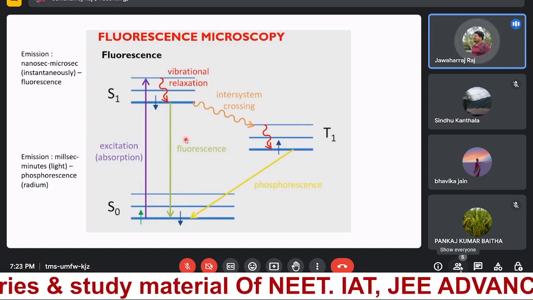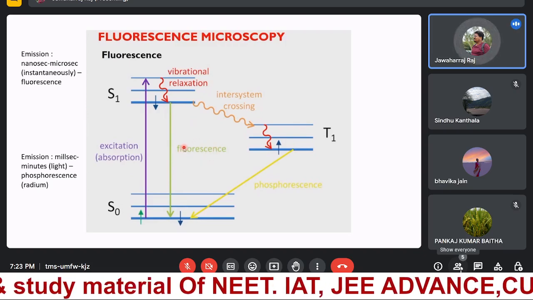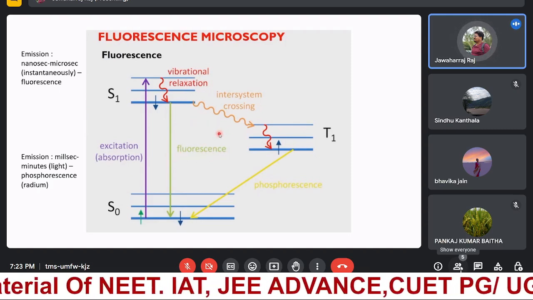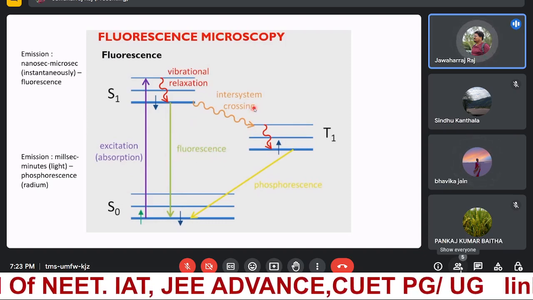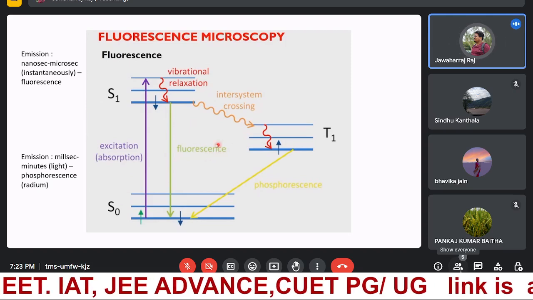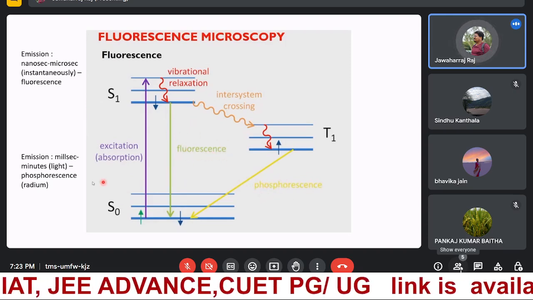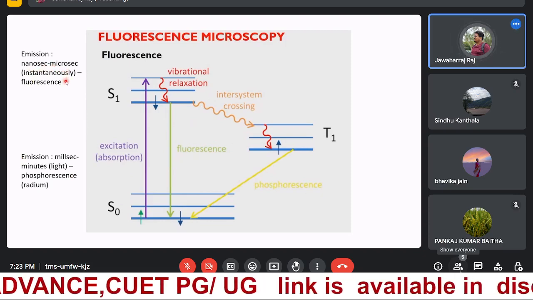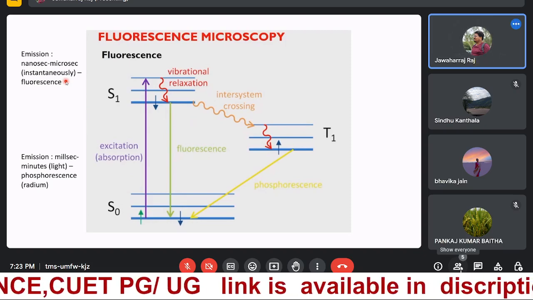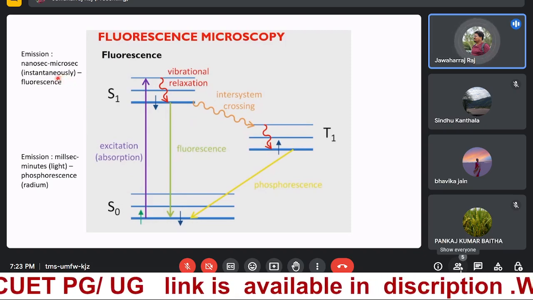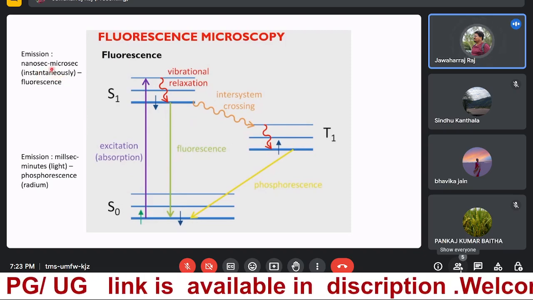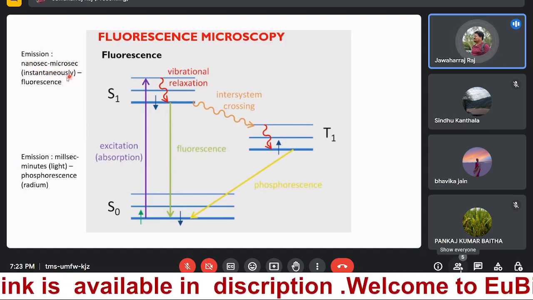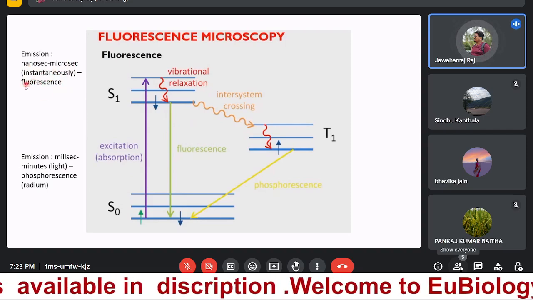Energy is emitted in the form of radiation, that is light, which we can see in the form of fluorescence. Now, what is phosphorescence? Phosphorescence is similar, but the main difference is that fluorescence is instantaneous. When you give light to a specimen, in nanoseconds to microseconds, instantaneously, you will see the color.